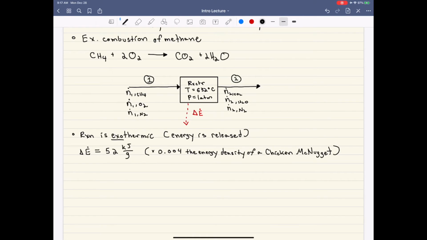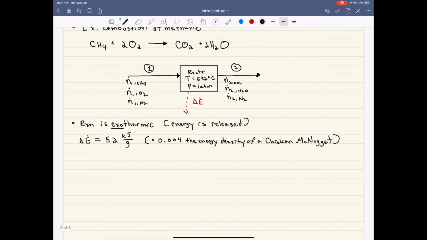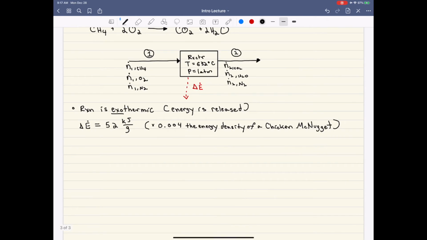You're going to use a lot of methane in order to provide enough energy, because the energy leaving the reactor can be converted into other forms of energy. The energy from this combustion reaction is used to heat steam, which is used to turn a turbine, which then generates electricity for the city.